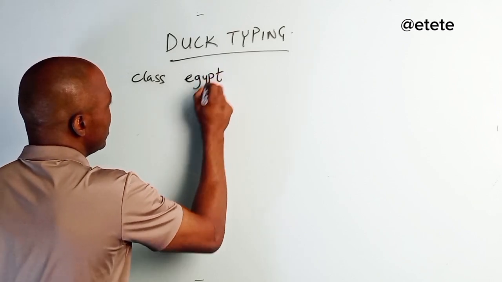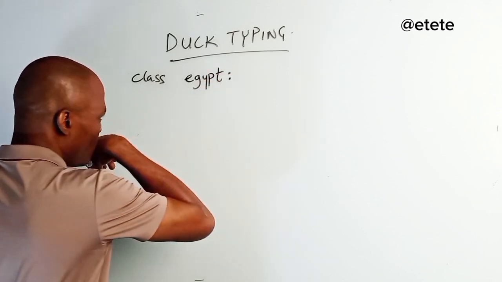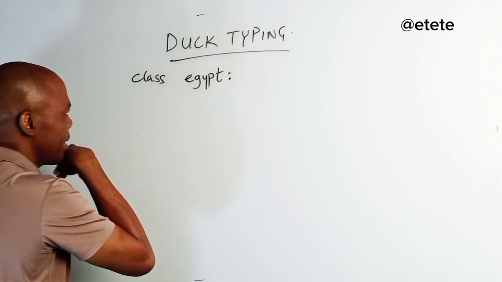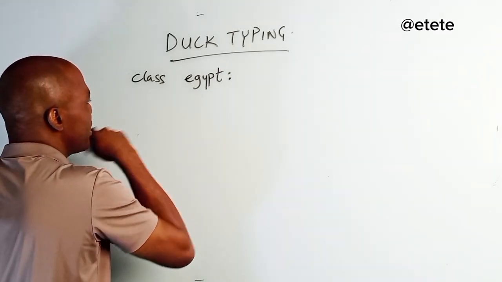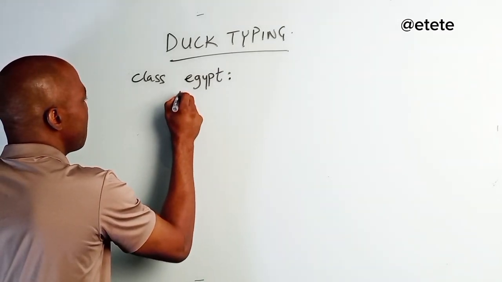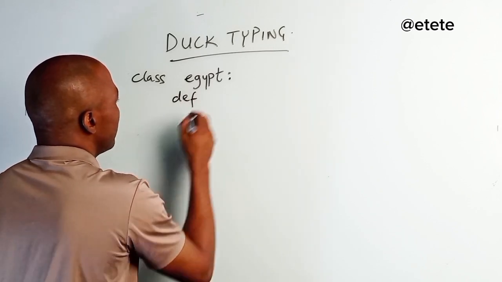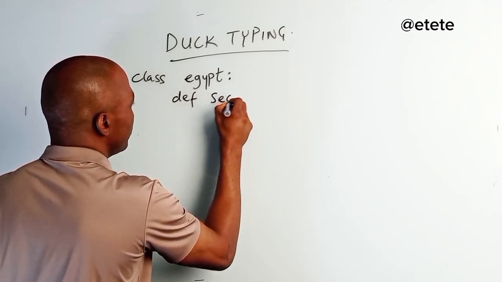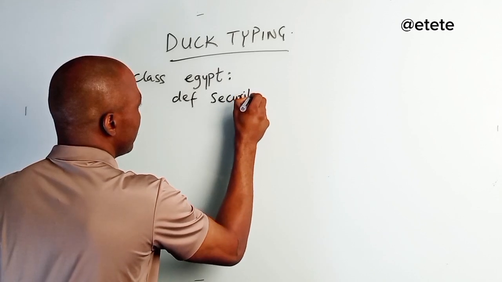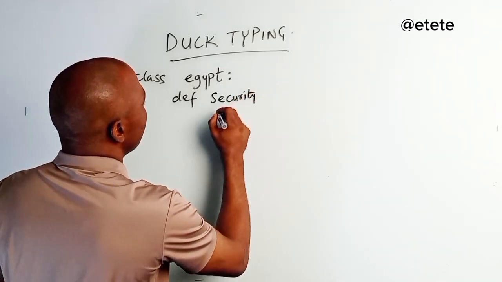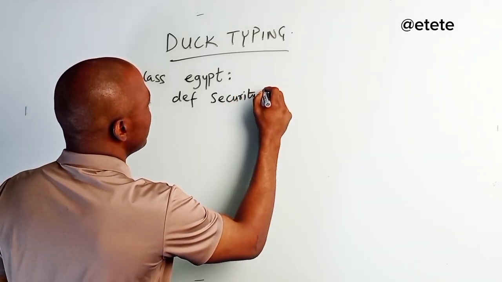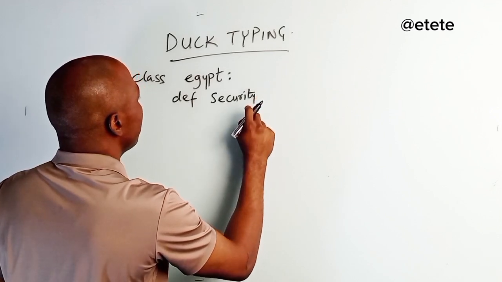We have this as our parent class, and inside this parent class we'll define a method. We call it security, right?